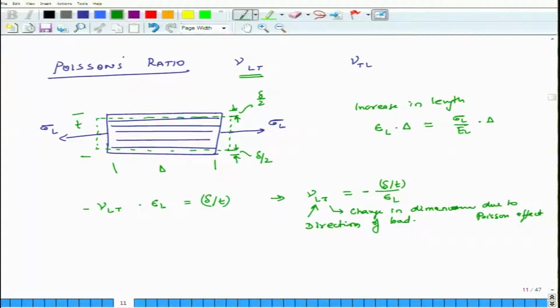So, in nu LT the first index tells us the direction of load and the second index tells us the direction of change in dimension due to Poisson effect. That is why it is called nu LT.